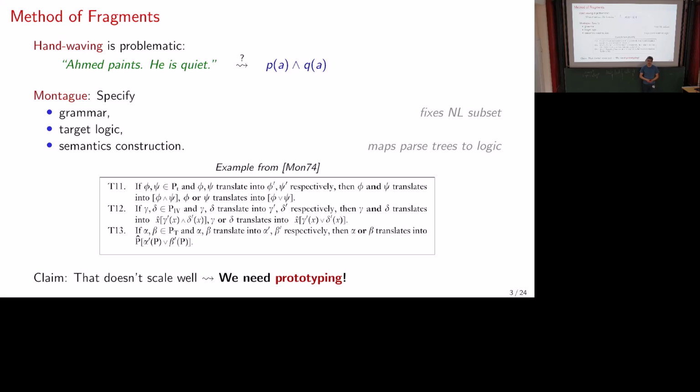And to avoid that, what Montague did is he specified the whole translation in great detail so that there's no cheating or hand waving involved. That means you specify a grammar, you specify a target logic, and the semantics construction, which for me is the translation from parse trees into logical expressions.